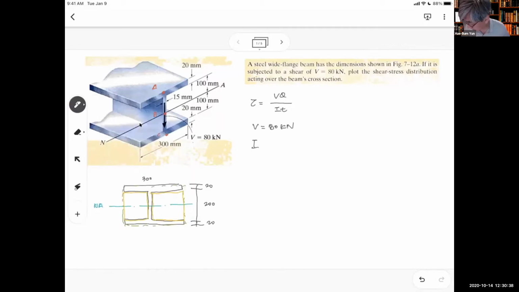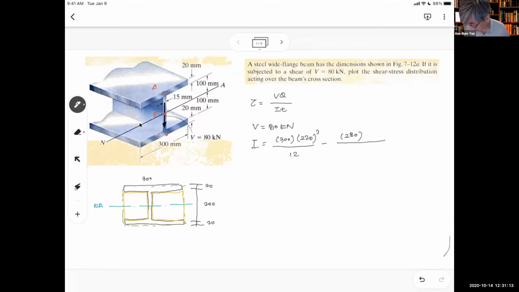So the big rectangle is what? 300. h is 220. Cubed over 12, minus the small rectangle, the 2. So the width will be 280, right?